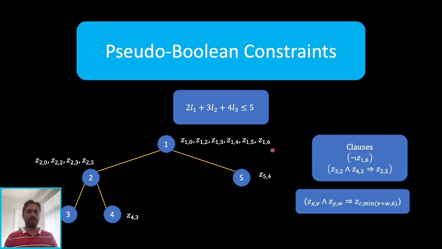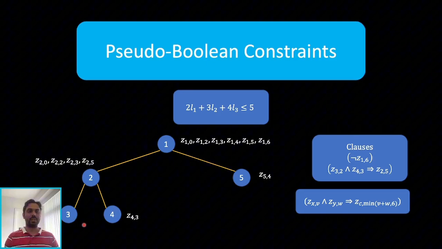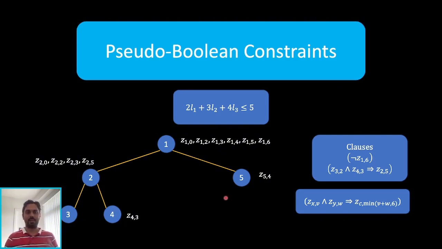Obviously for the leaf nodes we need something more. For example, in order to trigger z22, we need to make sure that z43 is false and z32 is true. Those are some extra clauses, but you get the idea of how we can use these Boolean variables to write clauses and feed them to the SAT solver.